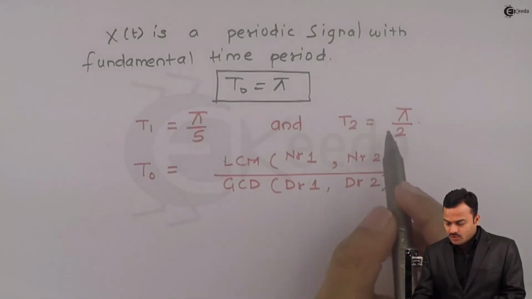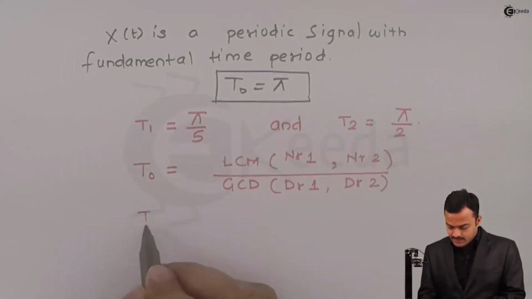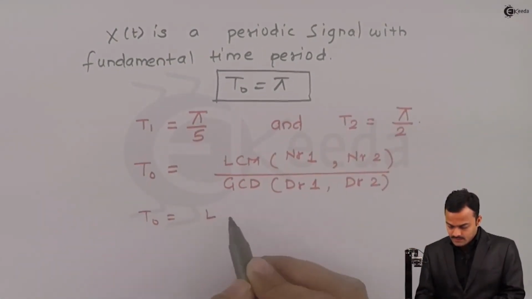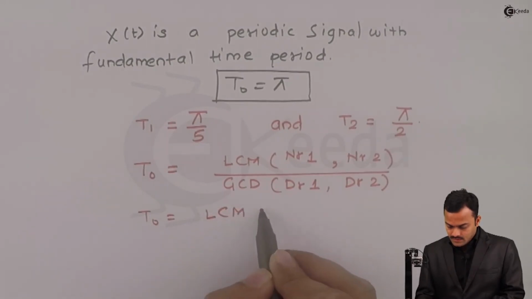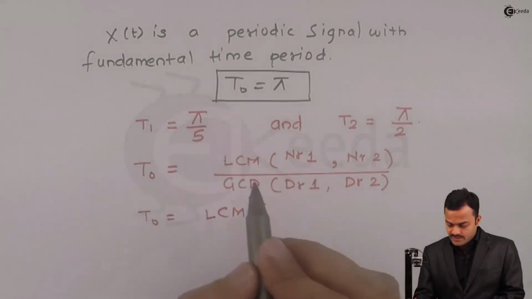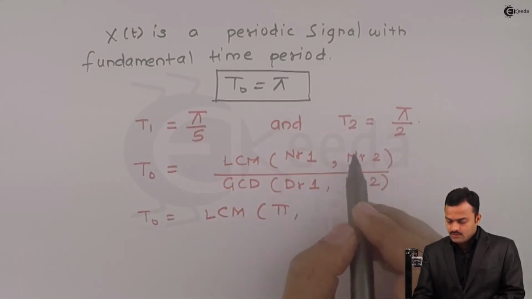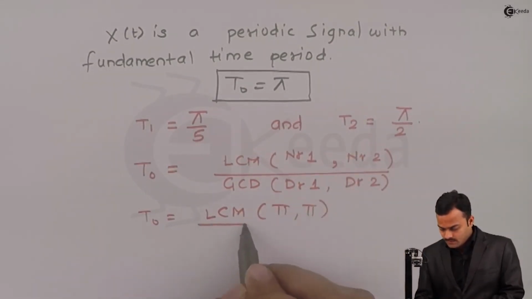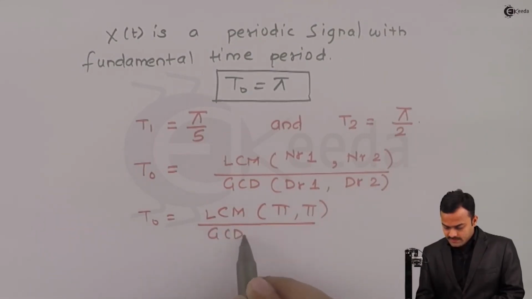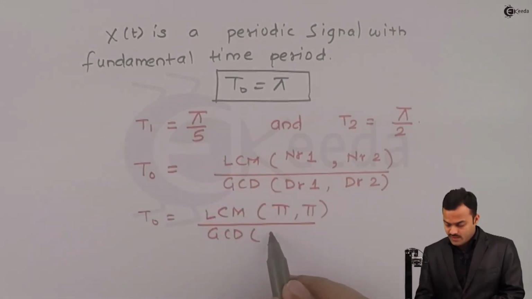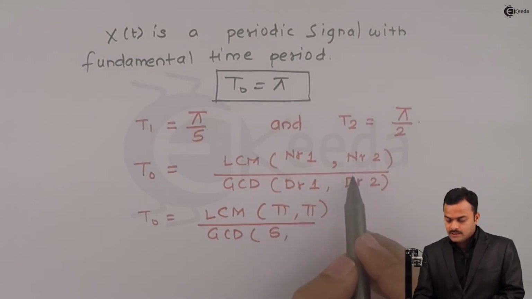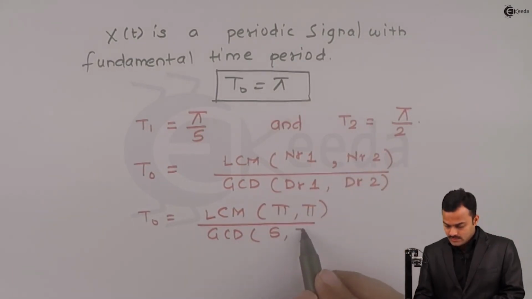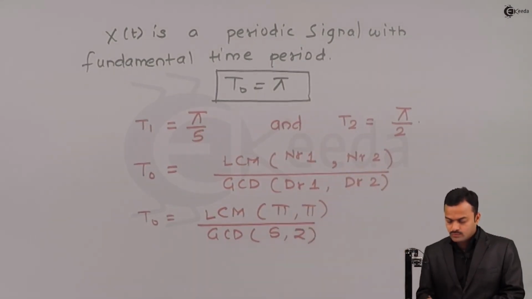So if we apply this formula over here, I get T0 as the LCM of the numerators, numerator 1 is pi and numerator 2 is also pi, upon the GCD of the denominators, denominator 1 is 5 and denominator 2 is 2.